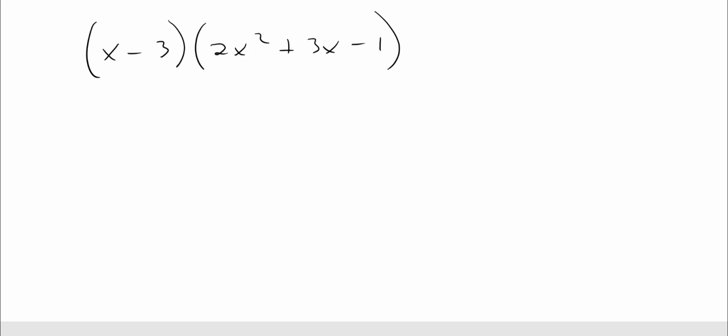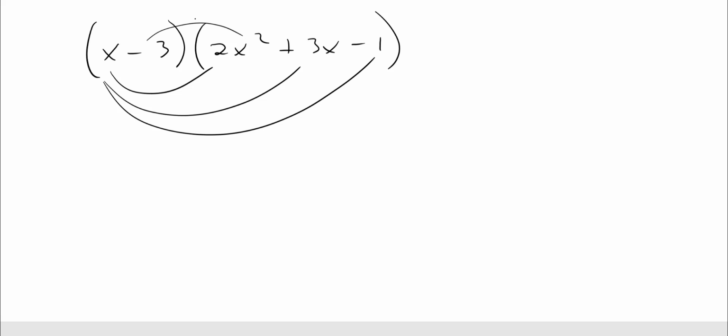Well, when you have something that's not just 2 and 2, for example, if I have x minus 3 times 2x squared plus 3x minus 1, you can't use FOIL because you have three terms in the second set of parentheses. So FOIL just makes it so you multiply every term inside one set of parentheses by every term in the other. So that's all you really need to do with this, guys. You need to multiply that x times all three terms, and then the negative 3 times all three terms.